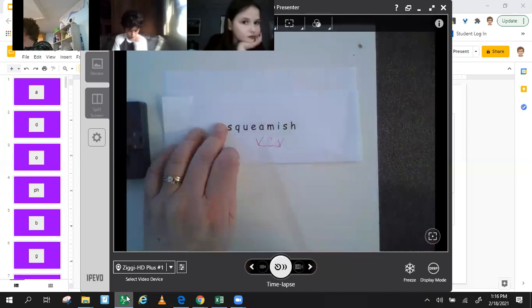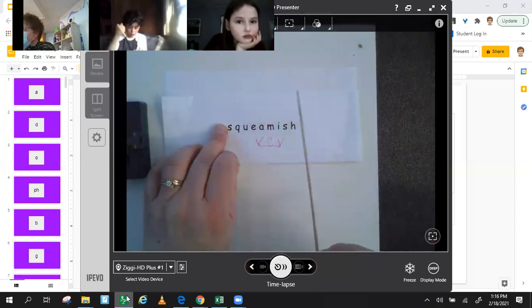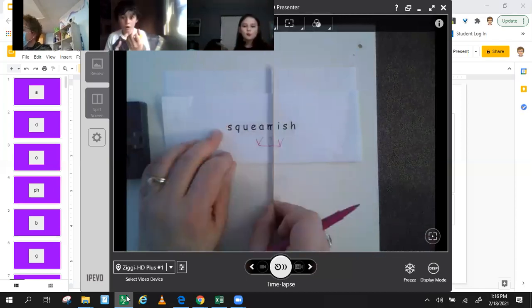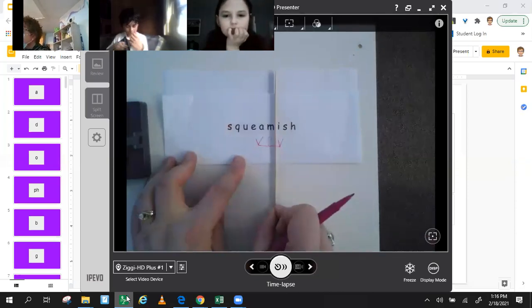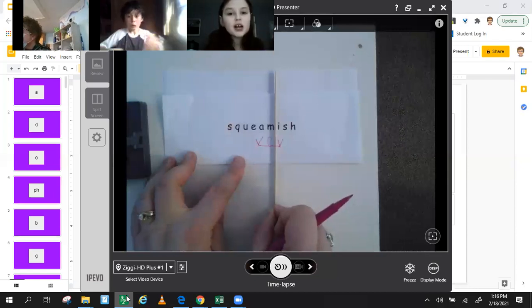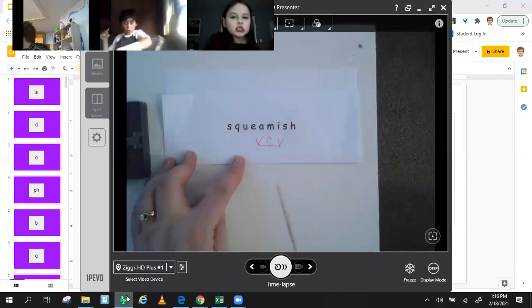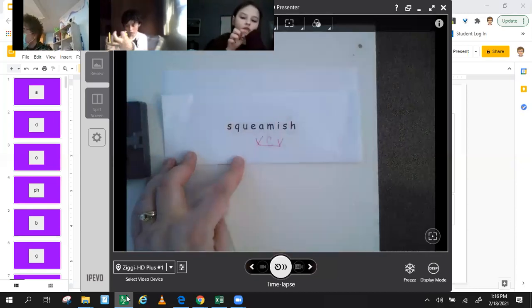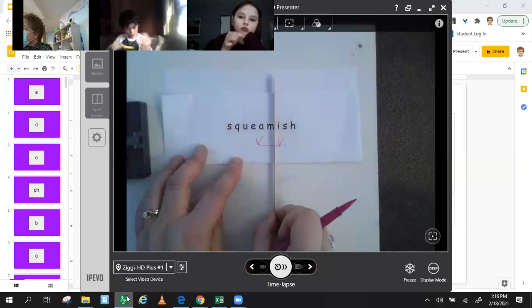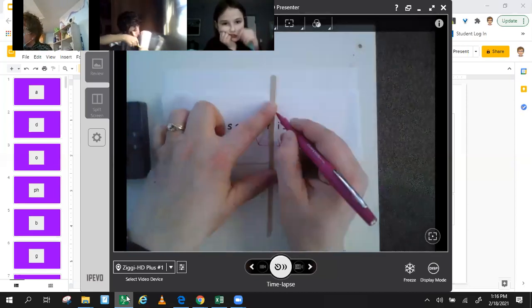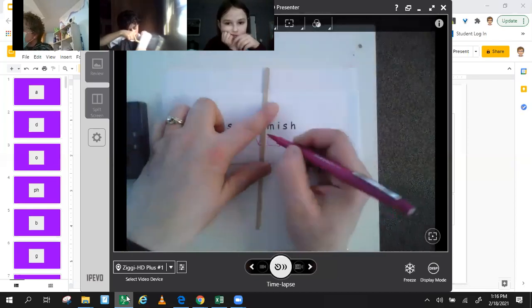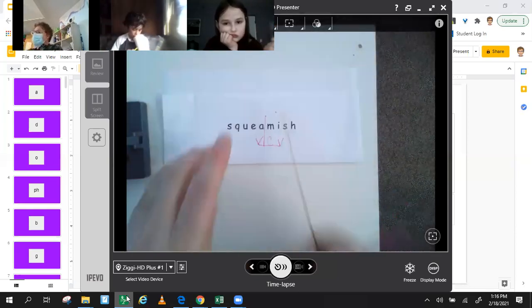Squee, mish, or squeamish. Or if I put it over here, do I still have squeam? Is the EA still going to be long no matter which way I do it? It is for sure. So squeamish. It doesn't actually matter which way it goes because it's going to be sounded out the same way.